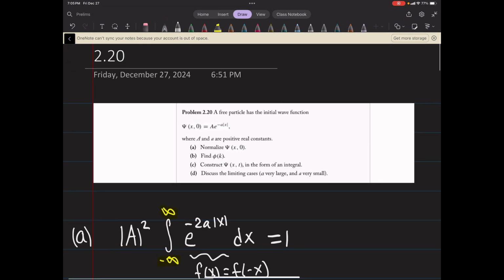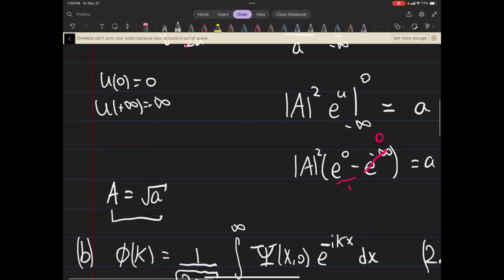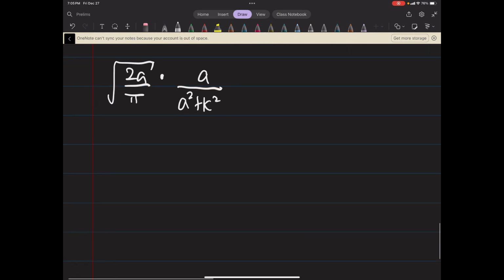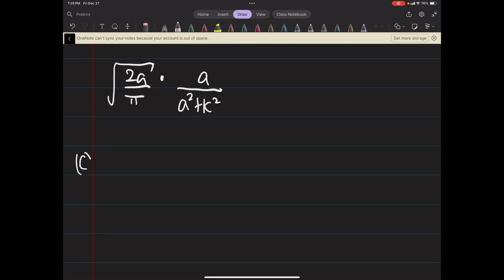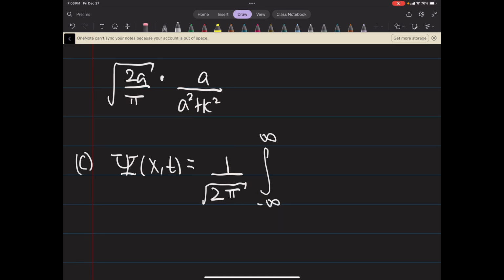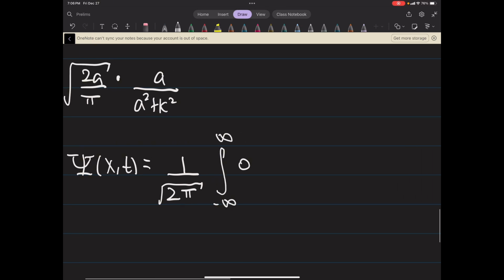Part C wants us to find psi in an integral form. So let's go to C. What we're going to use is this. Psi of x, t is 1 over the square root of 2 pi. These are all just Fourier transforms of each other, but these are also just equations in the book.